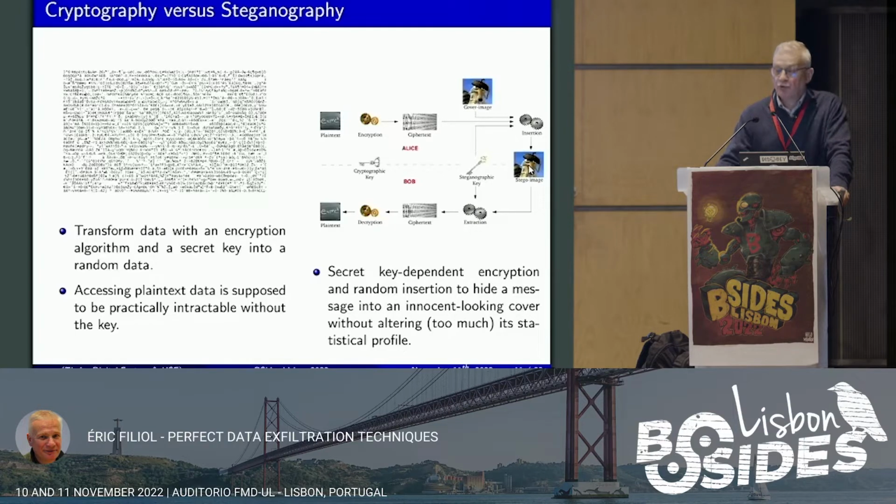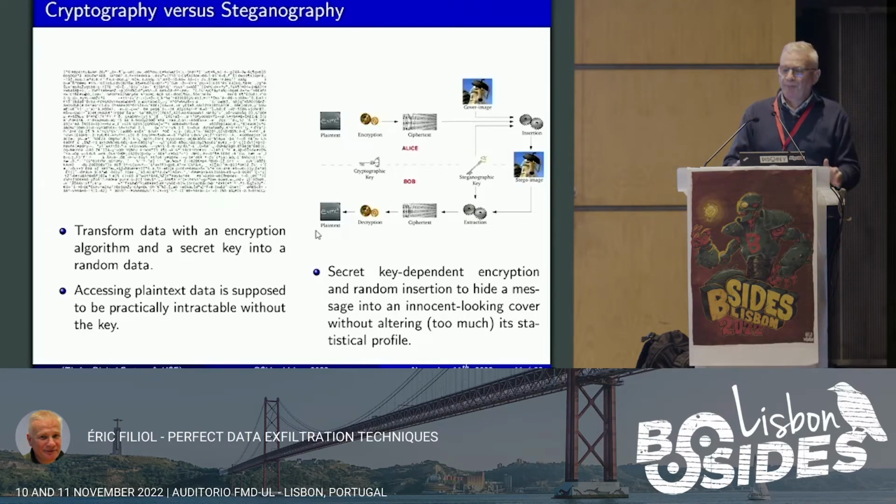Of course, the embedding process is also secret key dependent. Then you send the image and you reverse the whole process. In the history of terrorism, for example, Al-Qaeda used steganography to exchange sensitive data.